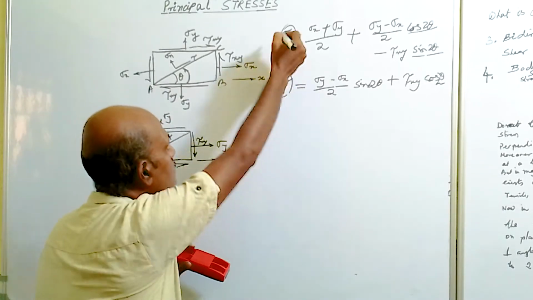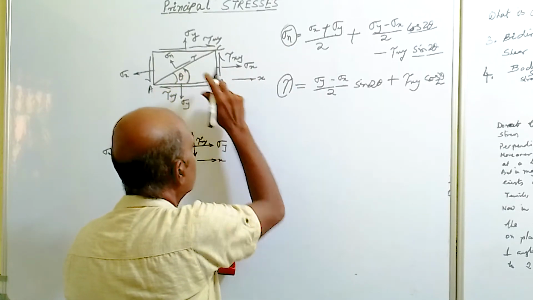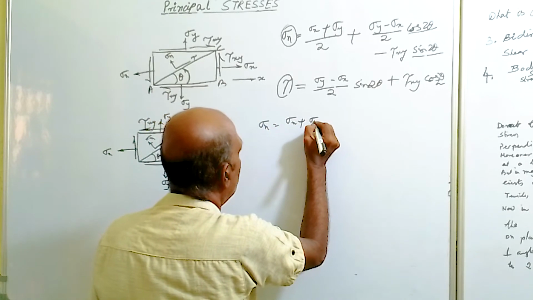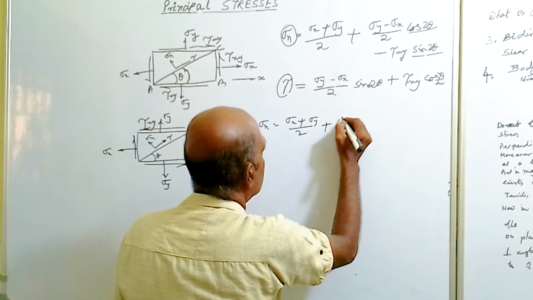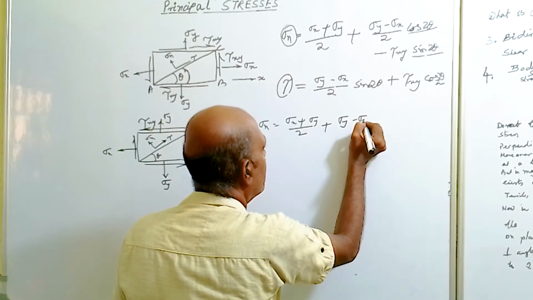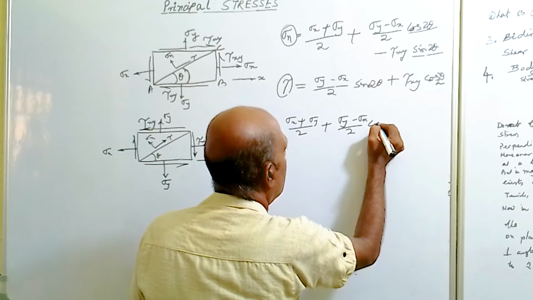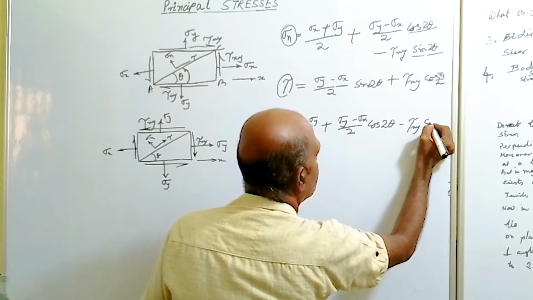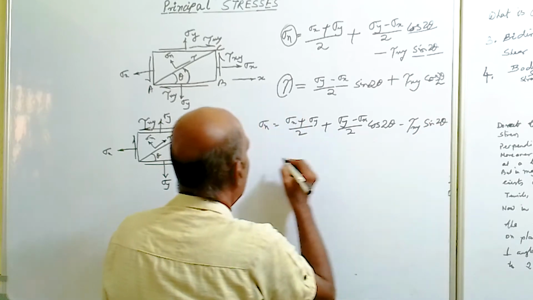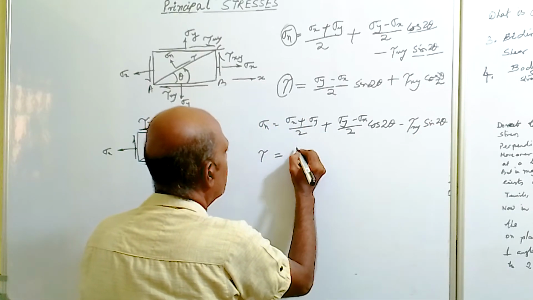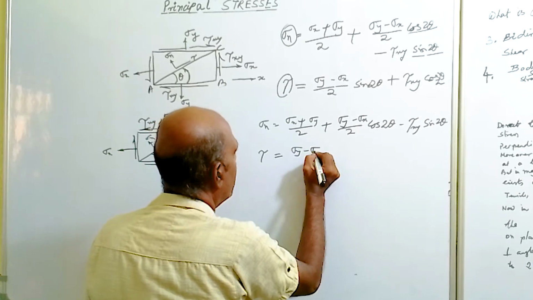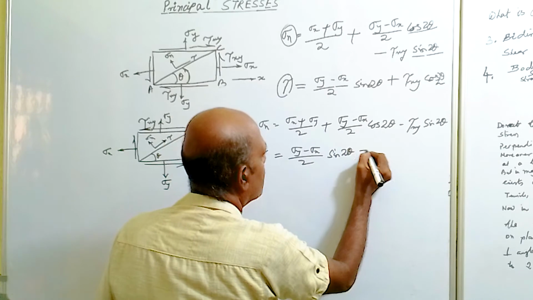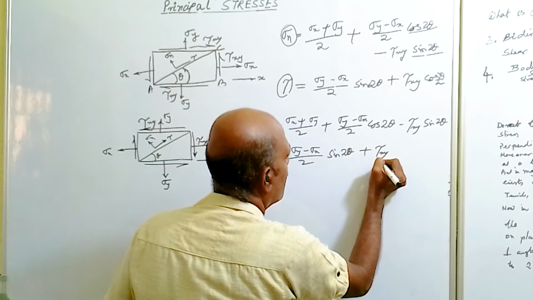So now the same formula we will write for this case, that is sigma n is equal to (sigma x plus sigma y)/2 plus (sigma y minus sigma x)/2 cos 2 theta minus tau xy sin 2 theta, and tau is given by (sigma y minus sigma x)/2 sin 2 theta plus tau xy cos 2 theta.